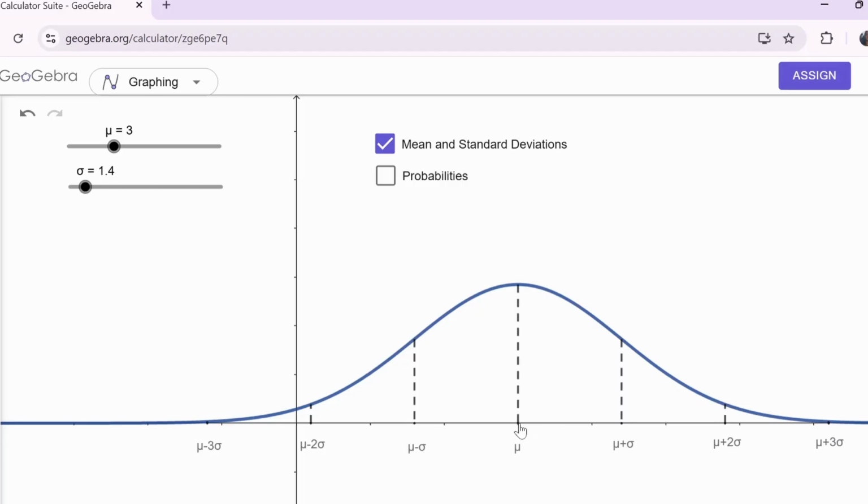So if my mean is mu, most of my values are going to be between mu minus sigma and mu plus sigma. But I then could move a little bit further. I could move 2 standard deviations from the mean, or 3 standard deviations, or even more. And the likelihood of x getting those values gets less and less likely.